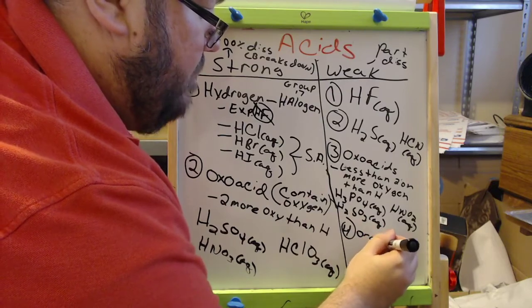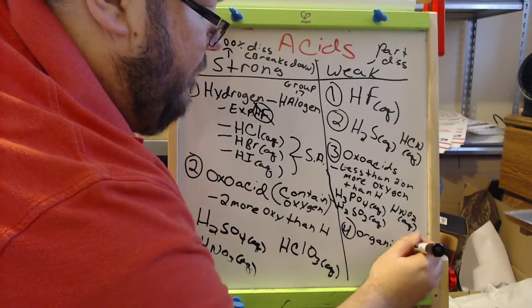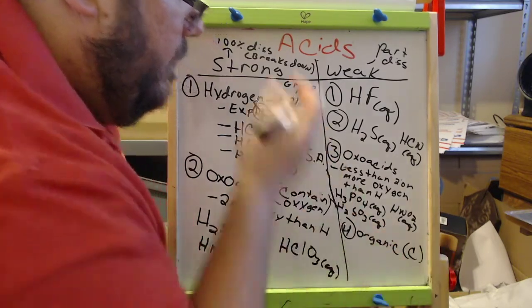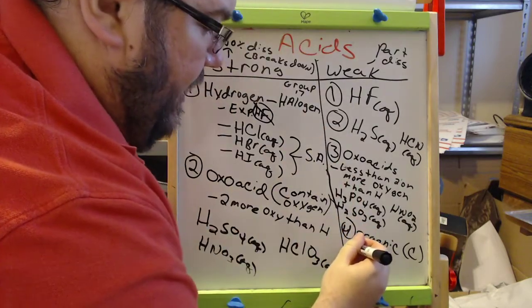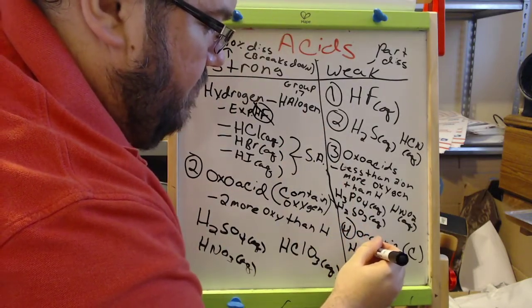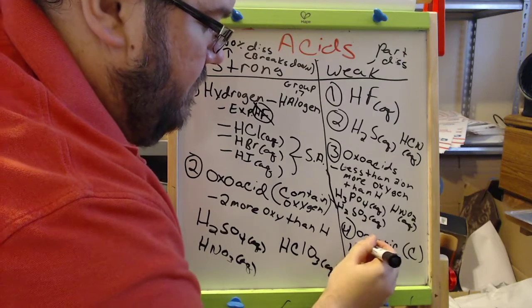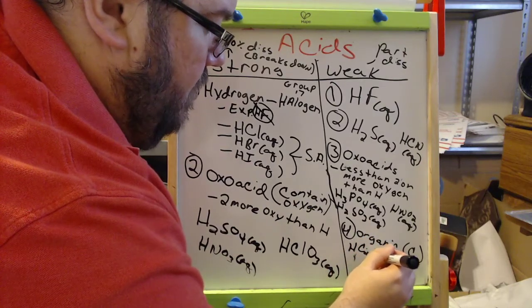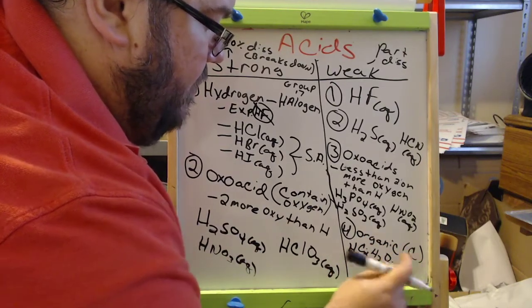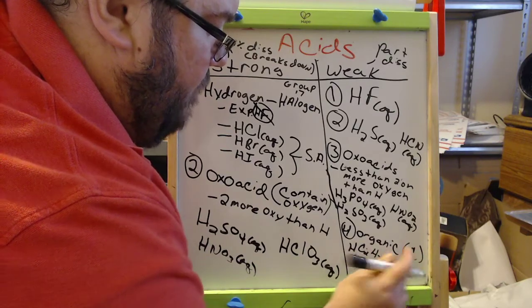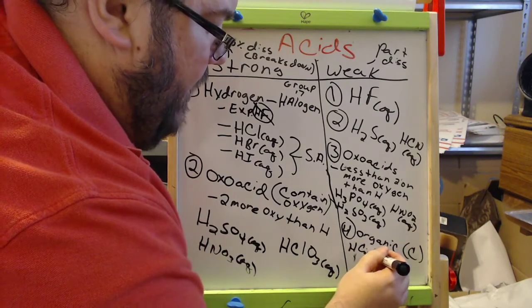And organic just means they have carbon in them. So acetic acid that we looked at is weak. HC2H3O2. But again, you're most commonly going to see it written in the organic way.